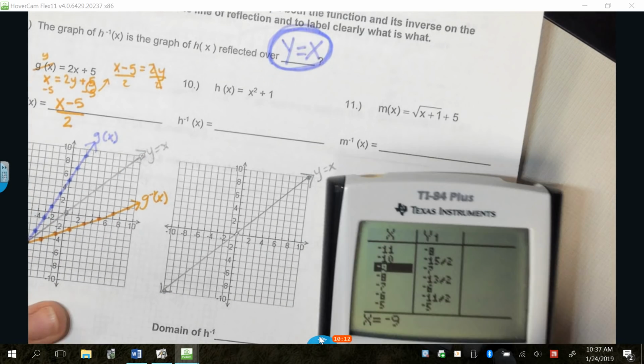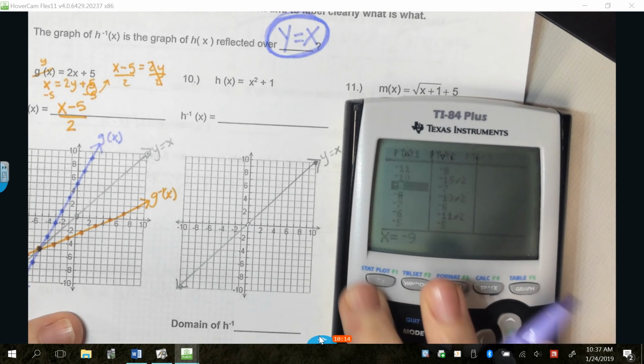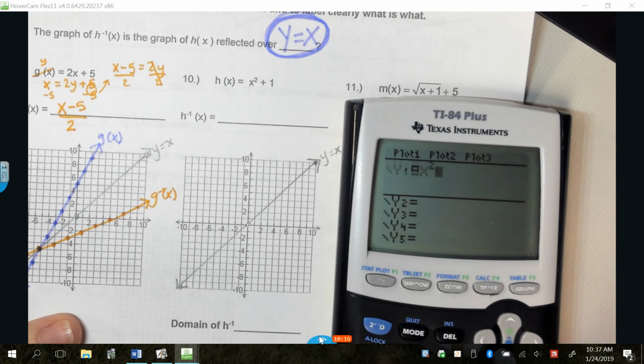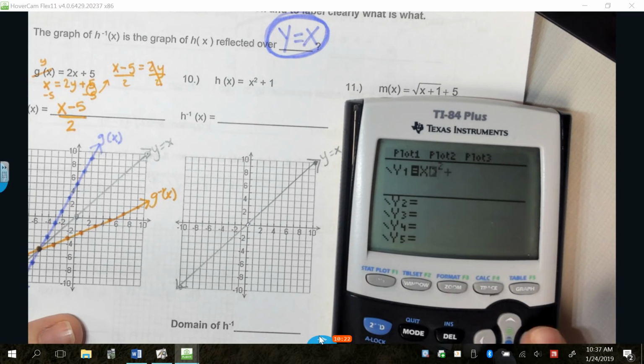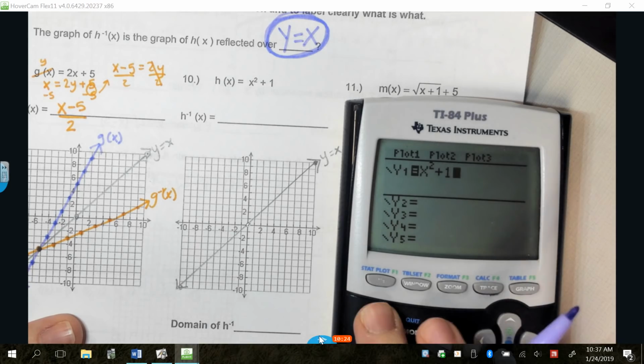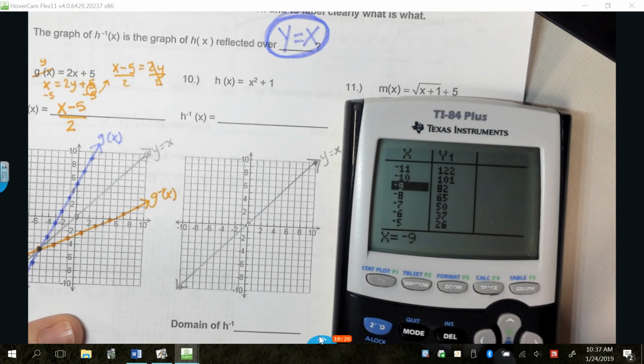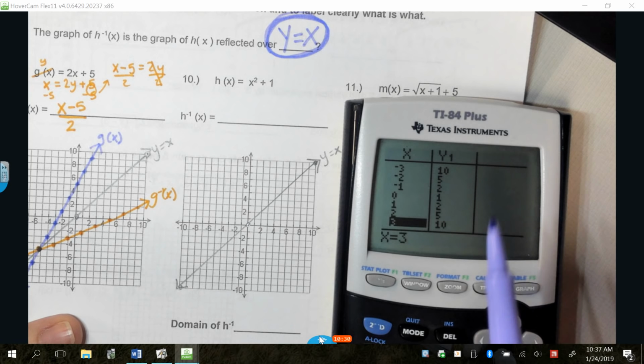So x squared plus 1. Oop, I forgot to put 1. Remember, when you're graphing a quadratic, you're finding your rainbow. There we go. So negative 3, 10.